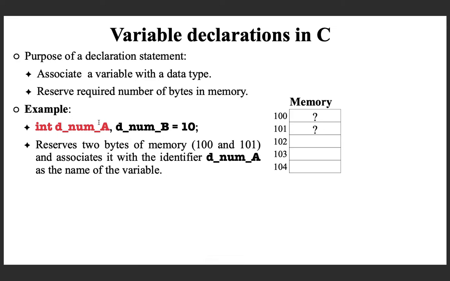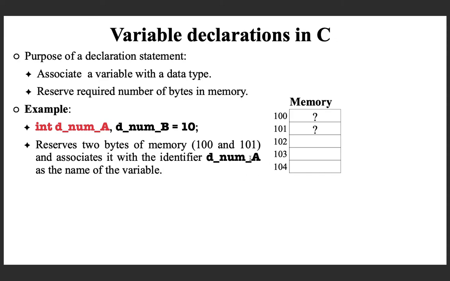You can see the first variable name, dnum A, is declared as int, and what it is doing is it reserves 2 bytes of memory, say 100 and 101, and associates these memory bytes with an identifier, namely d underscore num underscore A. So this is the name of the variable, and now it is getting 2 bytes, and these 2 bytes can be accessed in your program using the variable name.